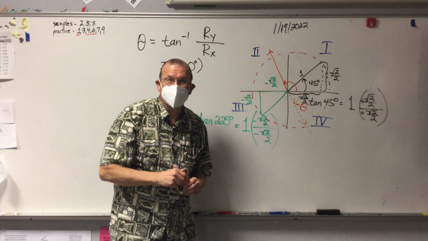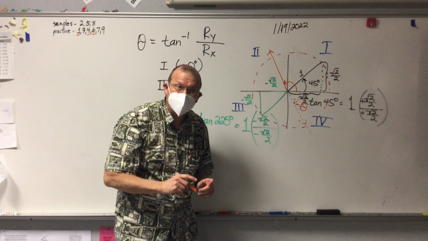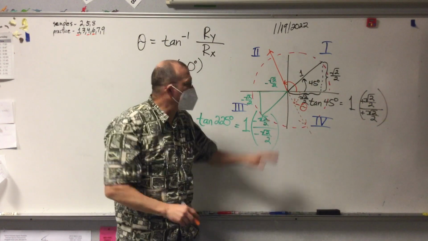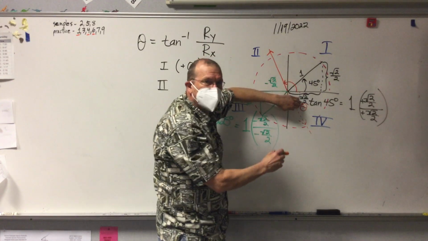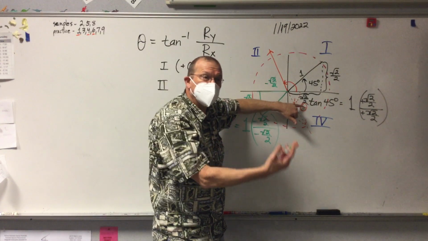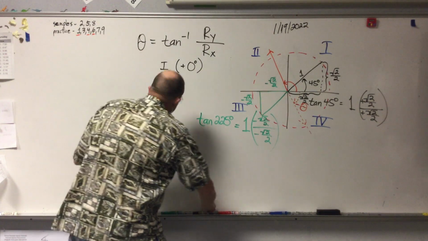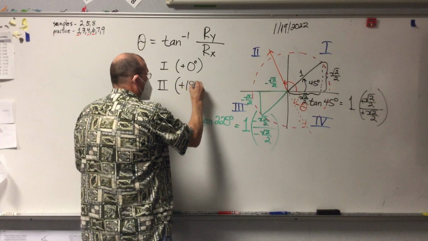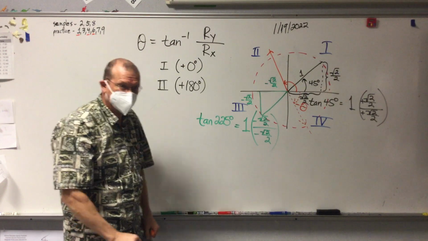You're close. Add 180. Why add? Because we need the positive number. It'll already be negative. So if you're thinking, if I had this theta, I would need to subtract it from 180 to get this one, your calculator is going to give you a negative number to begin with. So you don't have to do that subtraction. You just have to add 180 to it. So if you are in the second quadrant, you add 180 degrees.